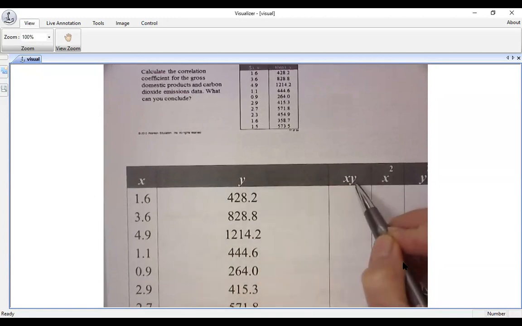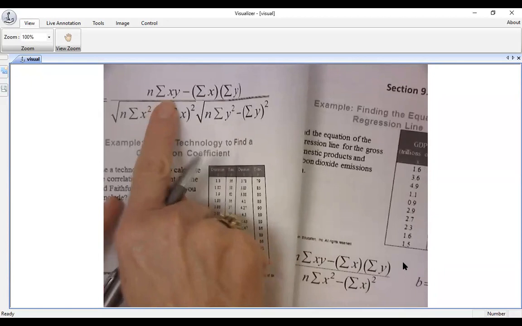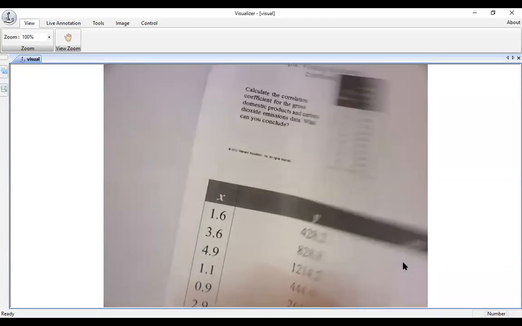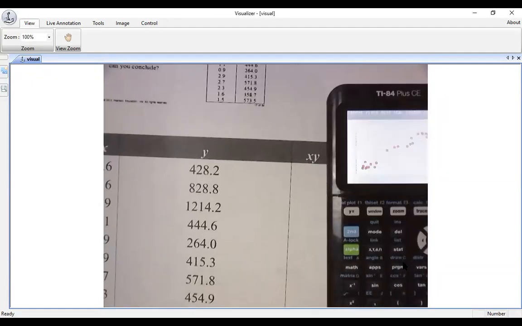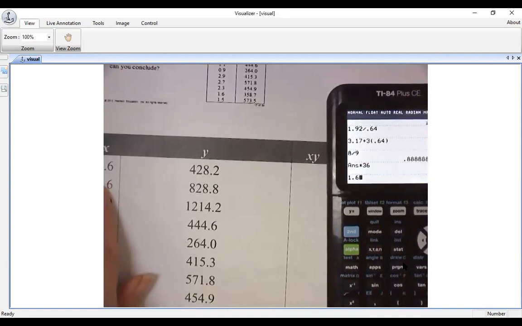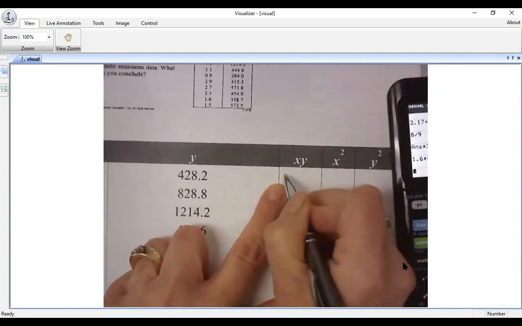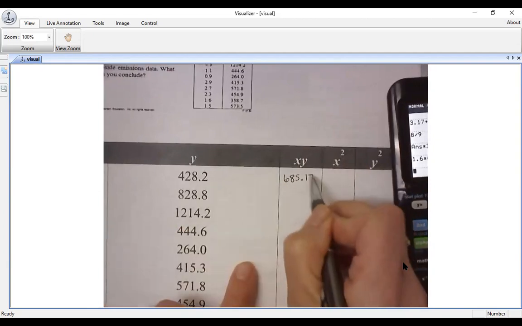In this column, because remember my formula was this right here, I've got to multiply the X's and the Y's together, and then I'm going to have to add them up. So you're going to take your calculator and multiply 1.6 times 428.2, and that number goes right here. Oops, 0.12.